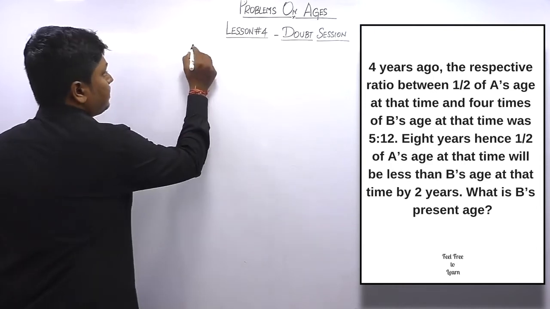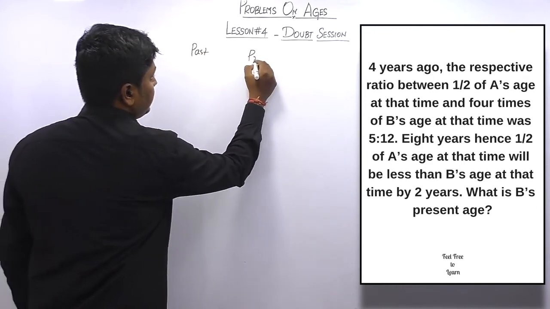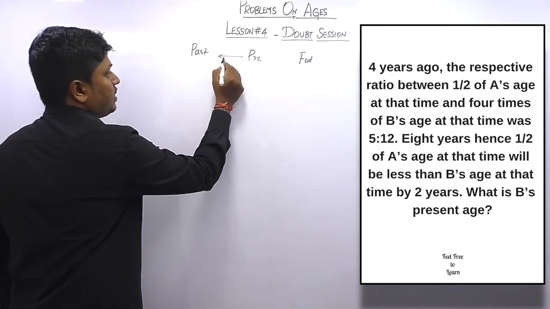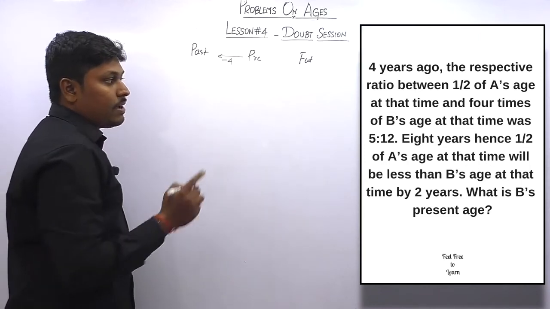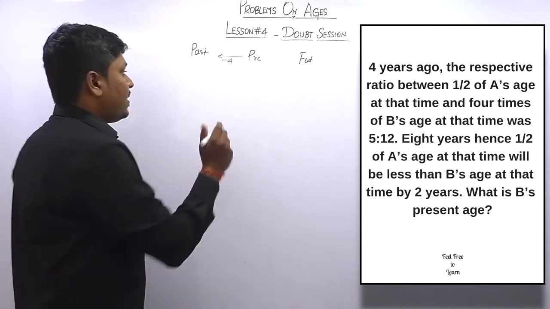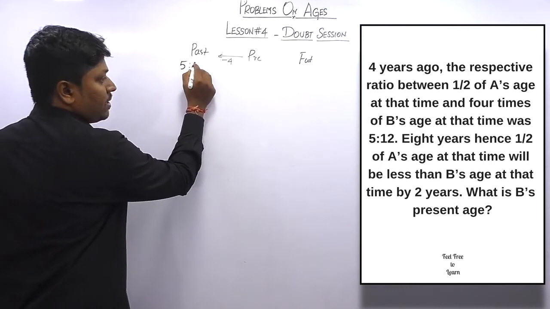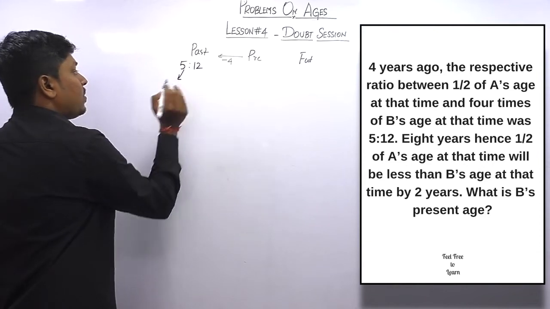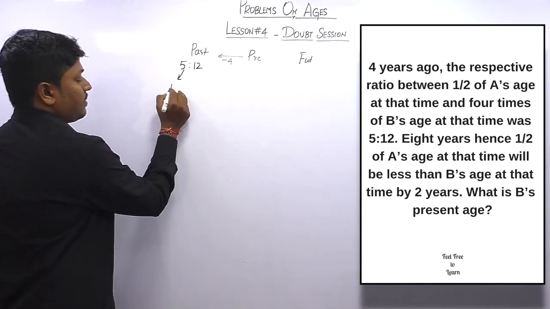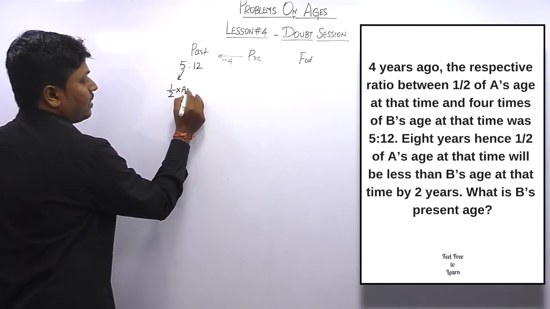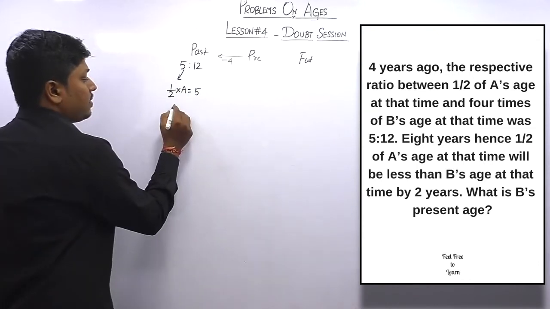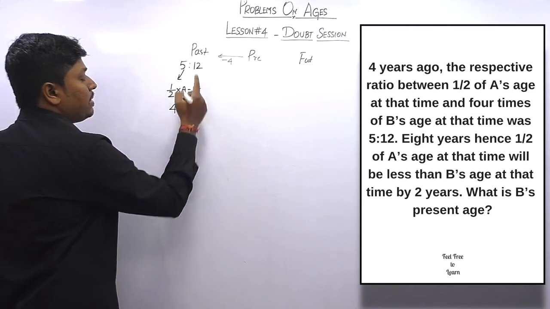So let me do one thing: past, present and also future. So 4 years ago, what they are saying is 1/2 of A's age and 4 times B's age is 5:12. Listen carefully, 5:12 is the ratio they have given, and they are talking about 1/2 of A's age, so 1/2 of A is 5 parts, and the next point, 4 times B's age, and we know the B part is 12.